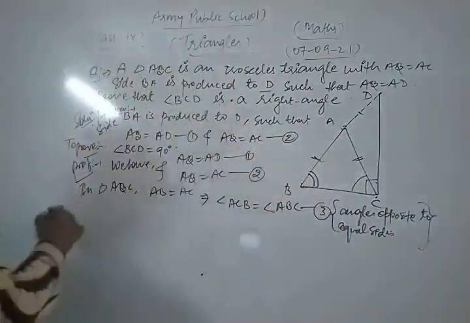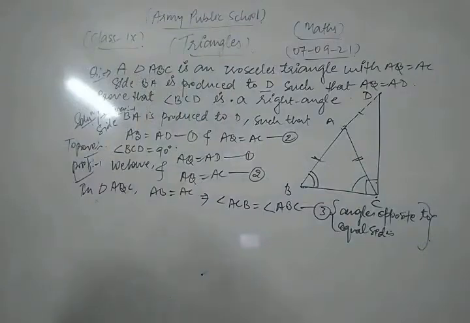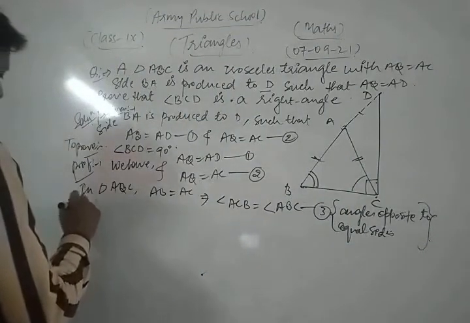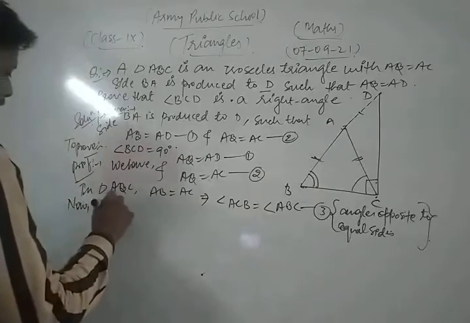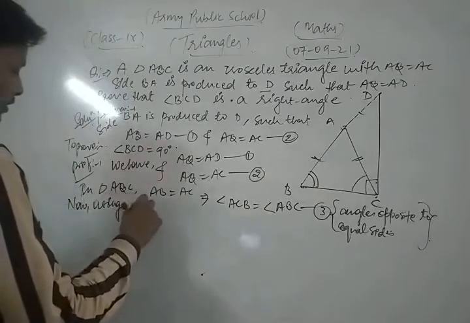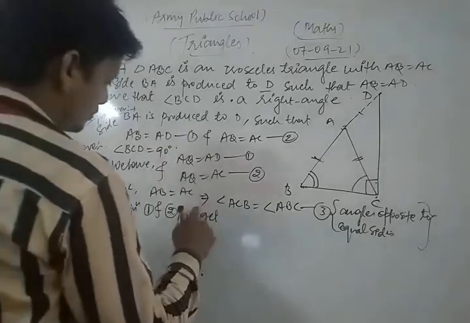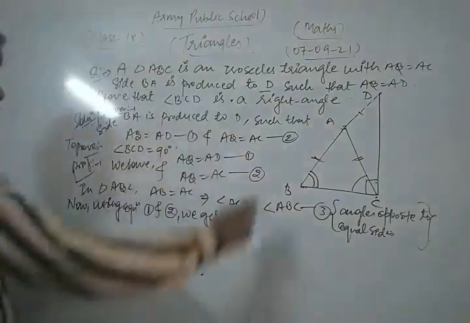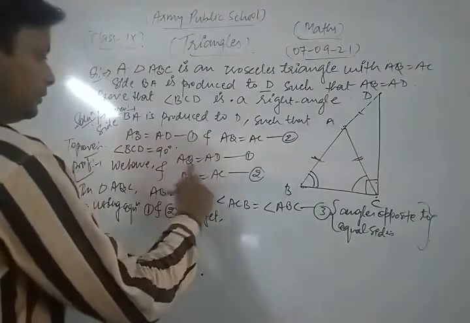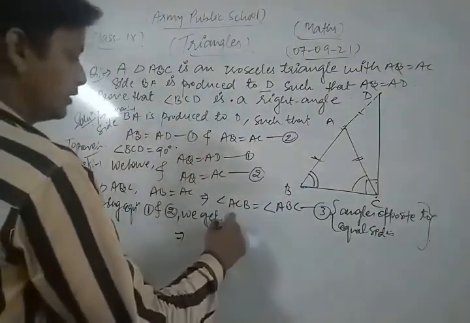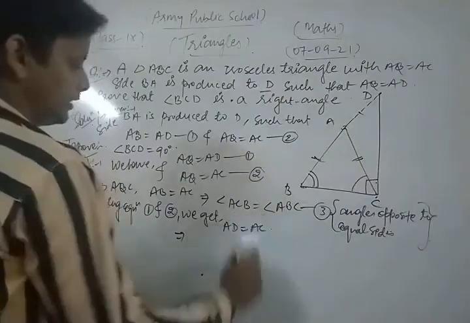Now, using equations 1 and 2, AB is equal to AD and AB is equal to AC, so we have AD is equal to AC.